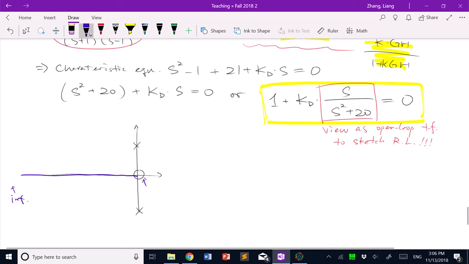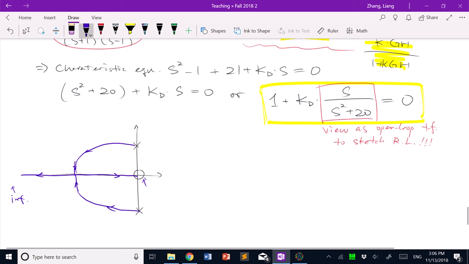And what you should expect is the direction to go this way. There should be a break-in at a certain point. I don't know where, but there has to be a break-in. And what you can do is connect the branches from the poles. And this is what we have.